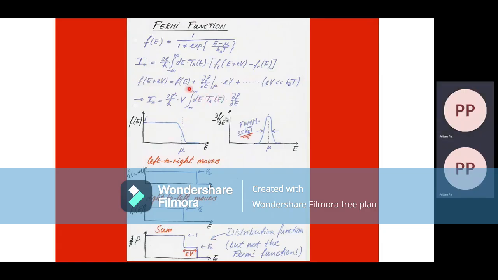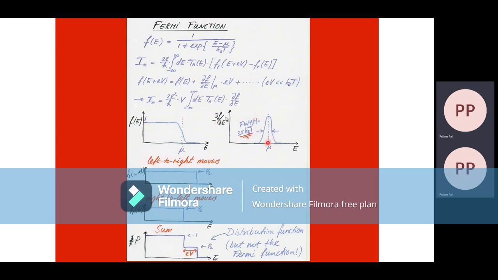The width of the derivative of the Fermi distribution is of the order of 3.5 kBT.